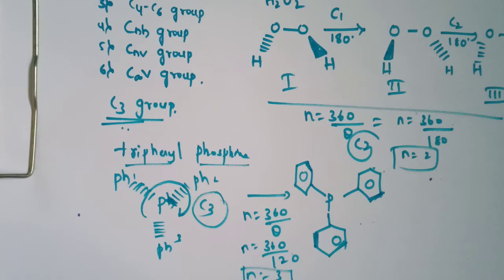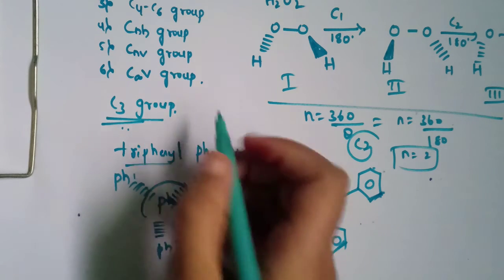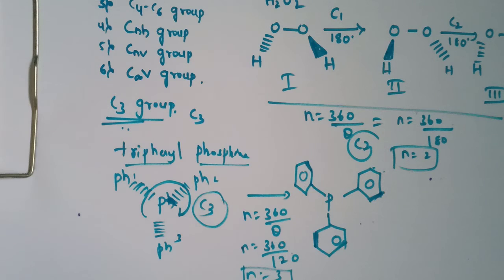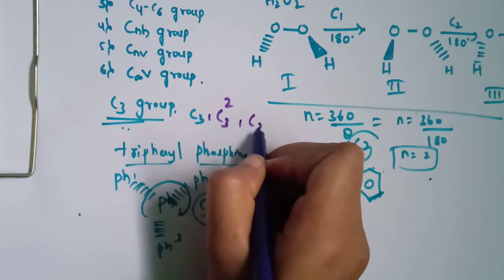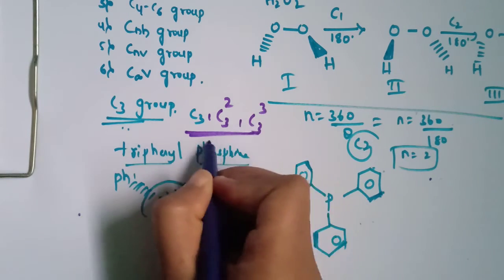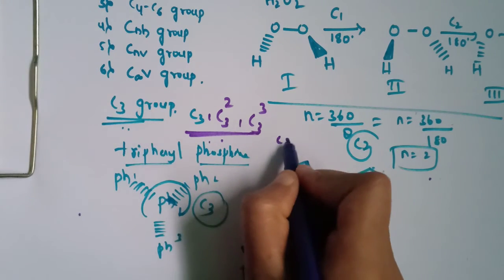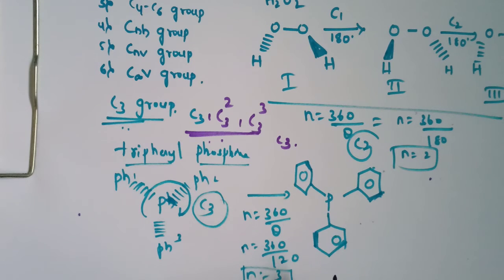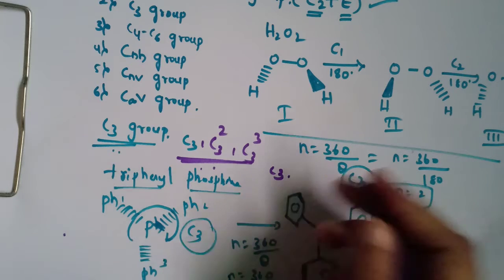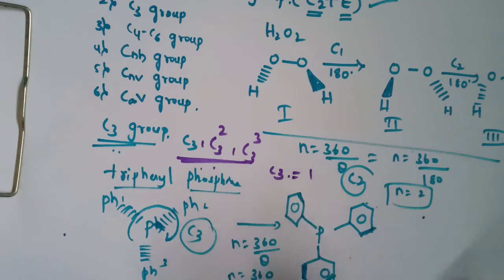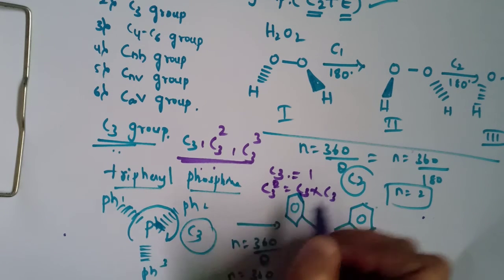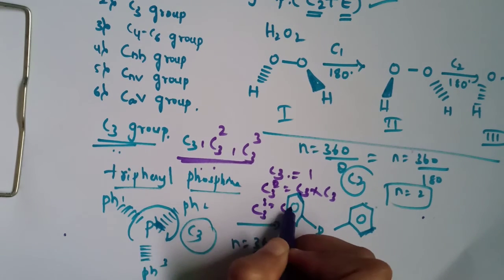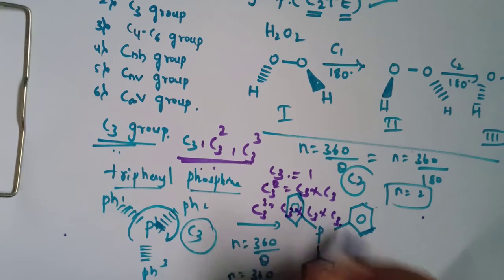Point here, in this the C3 point group has the symmetry elements C3, C3 square and C3 cube. These three operations, that means C3 is equal to 1 time, whereas C3 cube means it will become C3 into C3, C3 cube means C3, C3, C3.